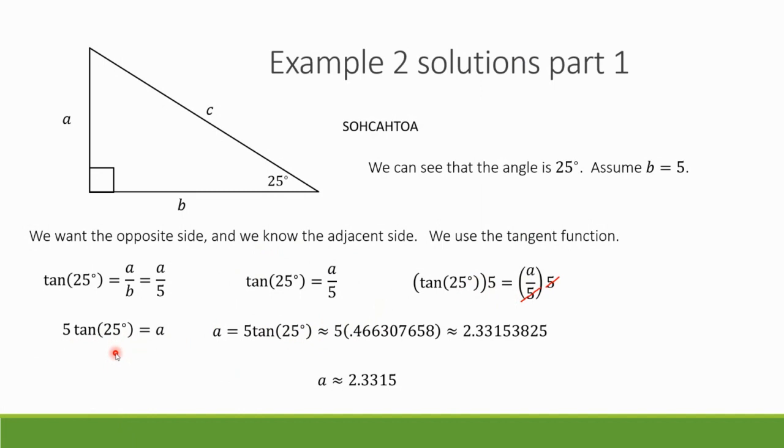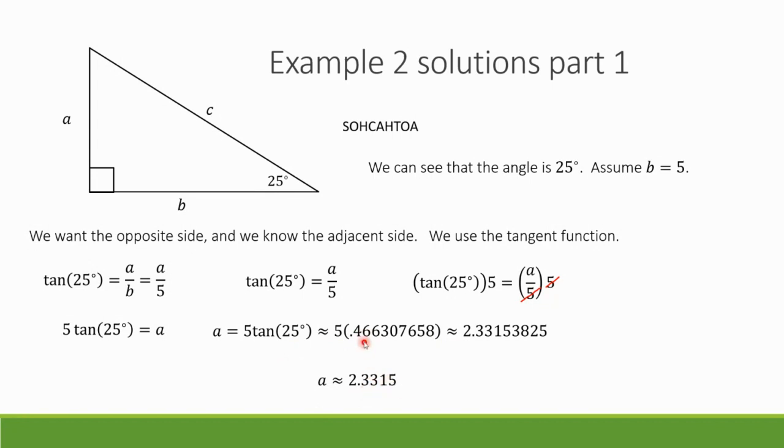Now this is where you want to use a calculator. 5 times tangent of 25 degrees. Just make sure you're in degree mode. If you're in radian mode, the calculator's going to think you want tangent of 25 radians, but that's not what we want. We want 25 degrees. I'll tell you how many decimal places to round to.